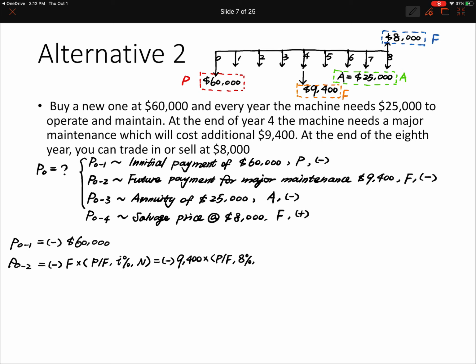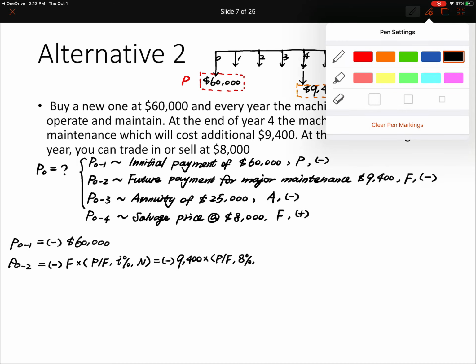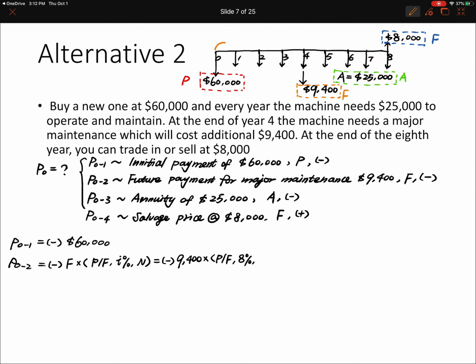And the factor is P/F. I is 8%. But the number of periods is what? It's not 8, it's 4. Why? Because it's happening at the end of the 4th year. So between year 0 and the end of the 4th year, there are only 4 periods, 4 years.